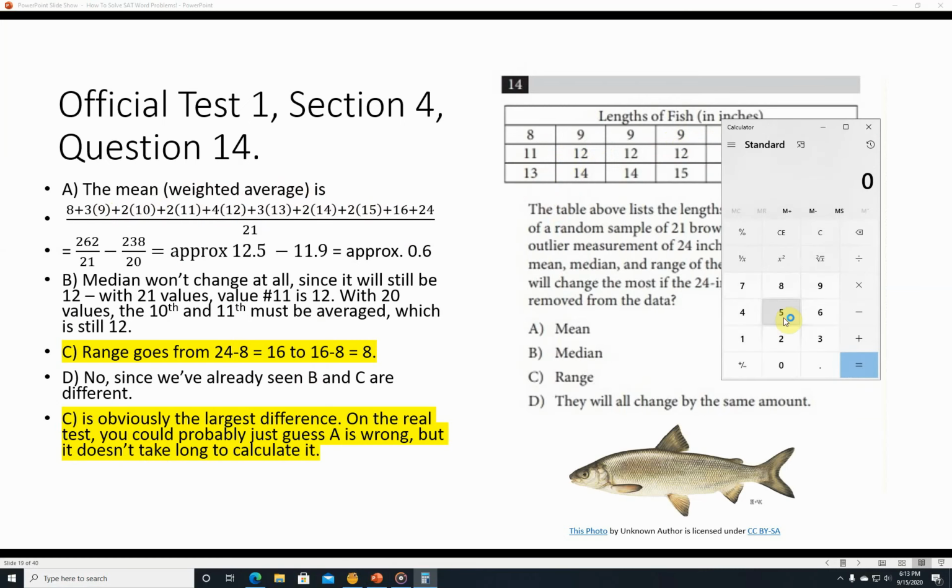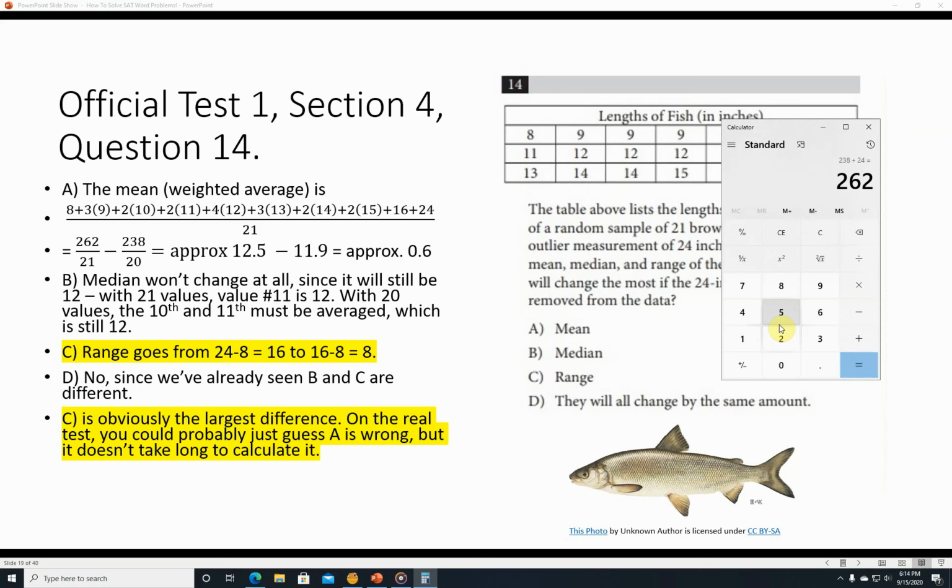Okay, so that's going to be very quickly, we're going to do 8 plus, okay, we know 3 times 9 is 27, right? Plus 2 times 10 is 20, plus 22, plus 4 times 12 is 48, plus 3 times 13 is 39, plus 28, plus 30, plus 16, plus 24.